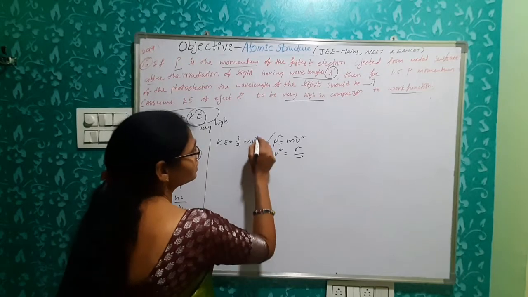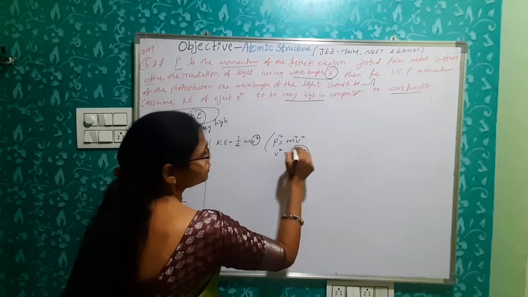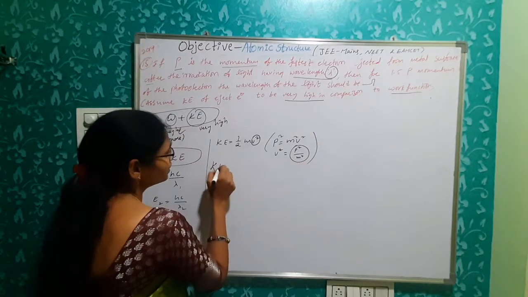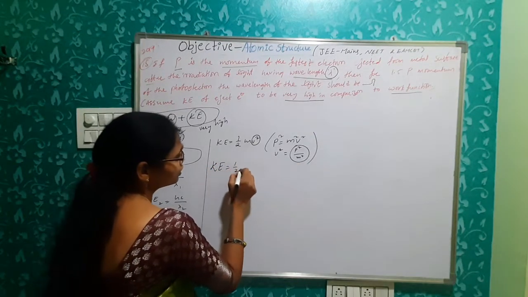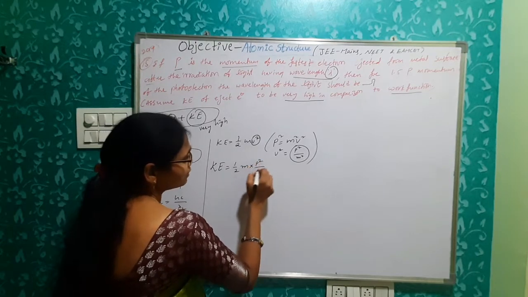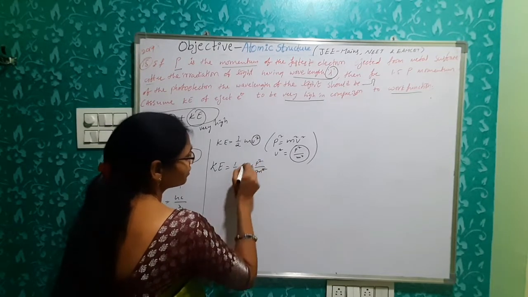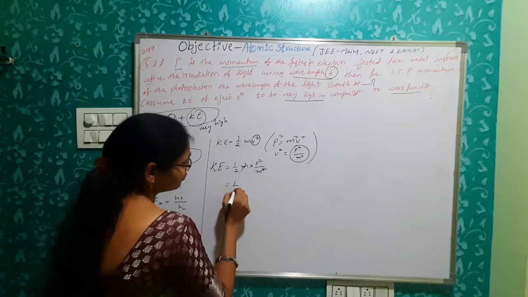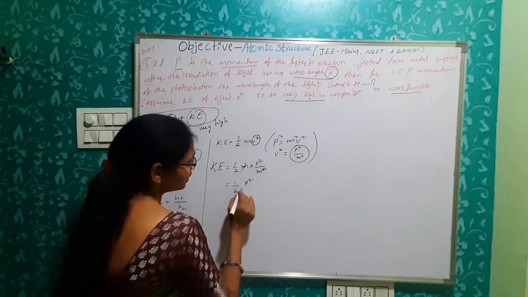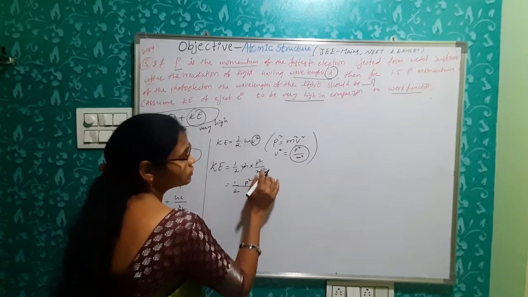KE is equal to half m into p square by m square. Finally, half p square by m only.